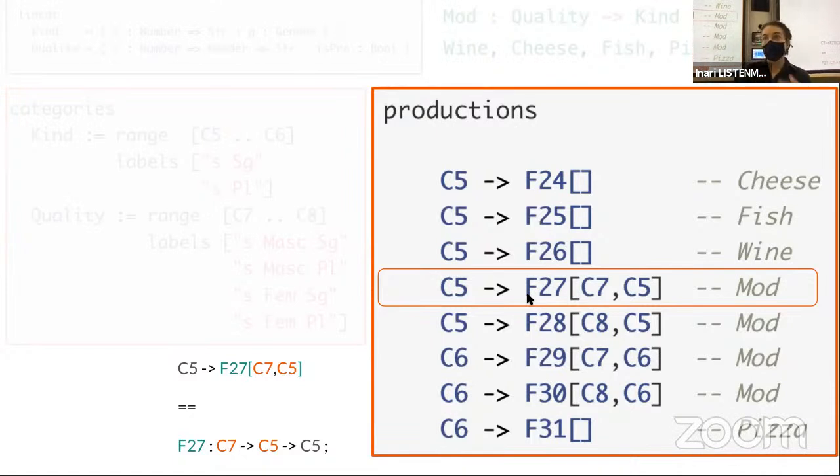You would just have terminals and non-terminals. But since we are much more powerful than context-free grammars, we can have a function on the right-hand side of the fraction. So that's how we apply F27 to C7 and C5, just like it's spelled out here.